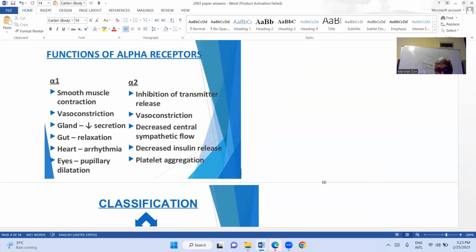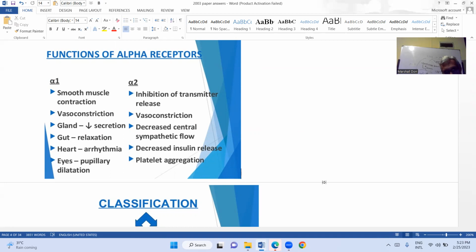Alpha 1 receptors are mostly in blood vessels. Now, beta 1 in the heart, beta 2 in the lungs. So when alpha 1 receptors are stimulated, vasoconstriction is the result.